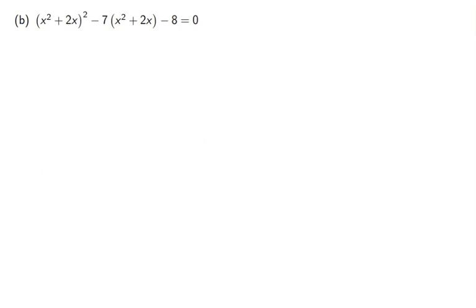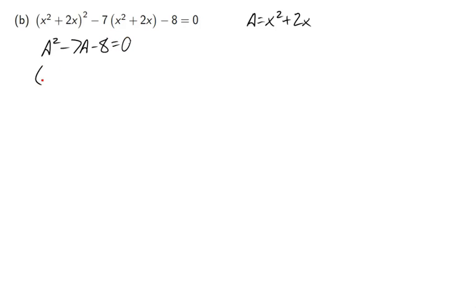Next example. I think it's pretty clear in this problem that a would have to be x squared plus 2x, and this right here is a squared immediately. So let's write down that a is x squared plus 2x. Then we can reduce this to a squared minus 7a minus 8 equals 0.